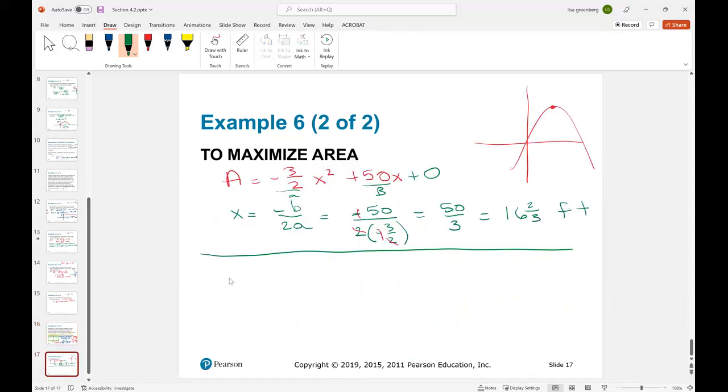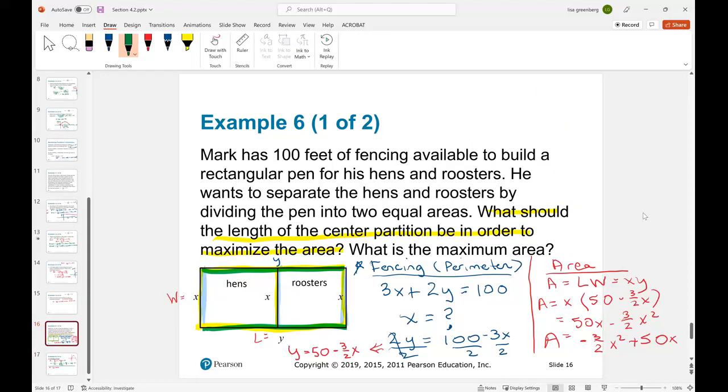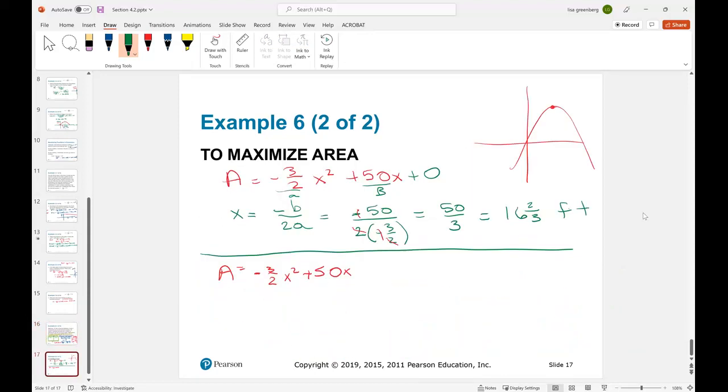We already had it here. So we have our formula, and now we know what x is. So to maximize the area, we found what x is, and now it asks what is the maximum area. So this is what is the max area, okay?